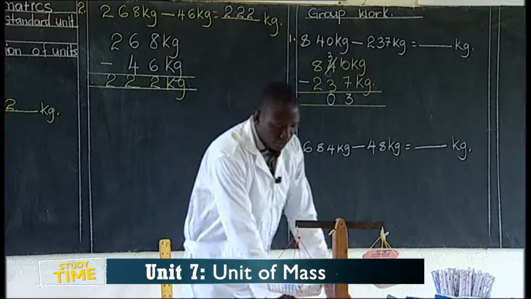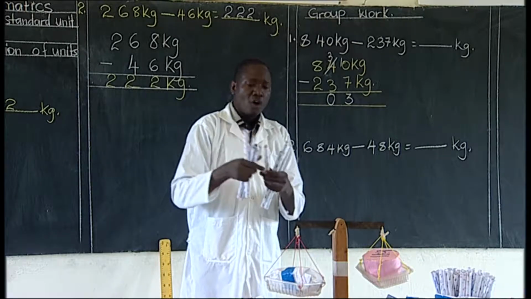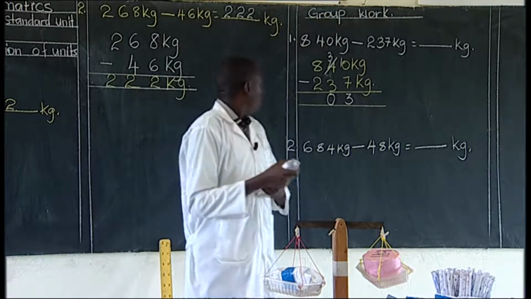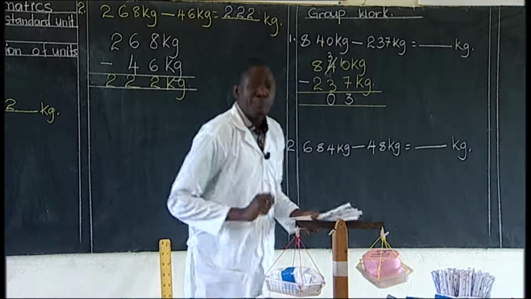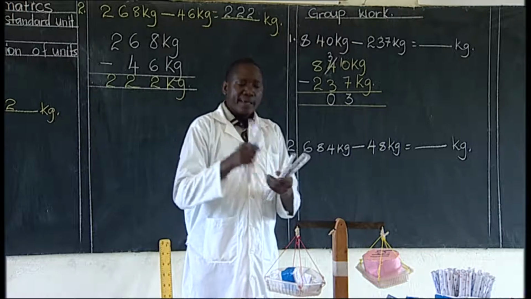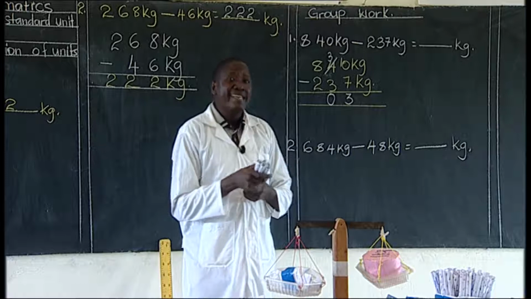Count 8. We are going to count 1, 2, 3, 4, 5, 6, 7, 8. Take away 2. 1, 2. I will put it down. Can we count? 1, 2, 3, 4, 5, 6. The answer is 6.